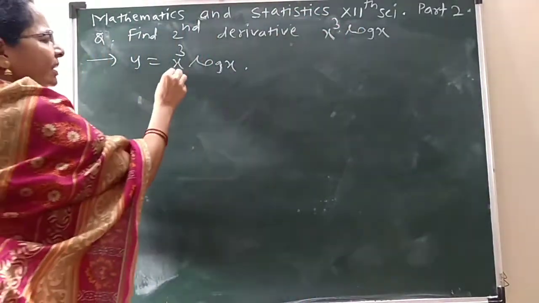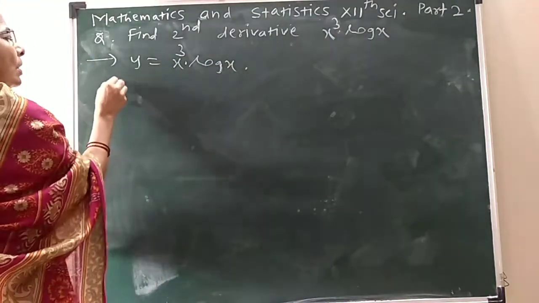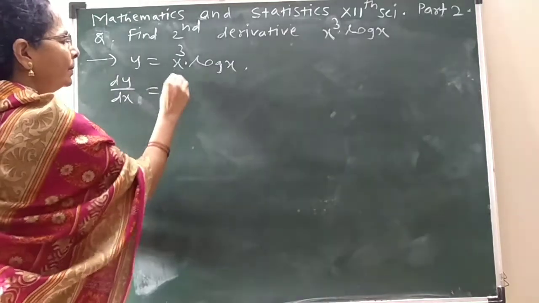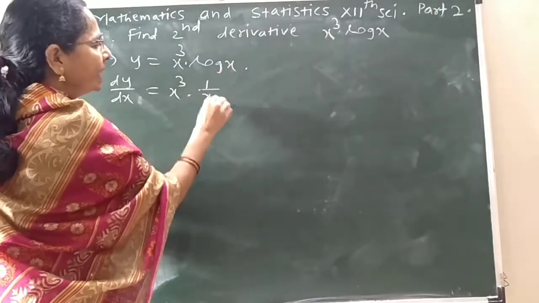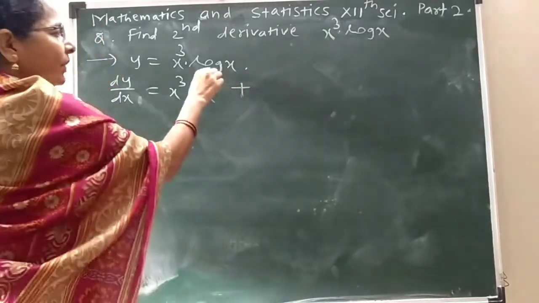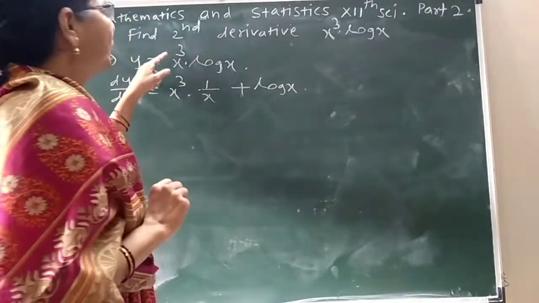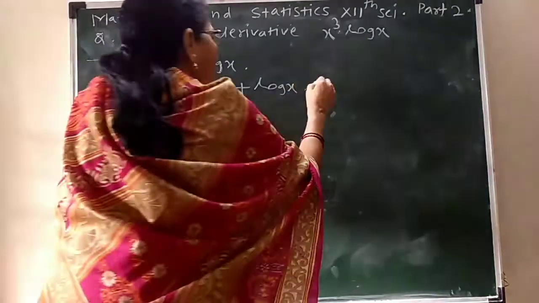If we see, there are two functions in product form. So dy by dx is equal to u times the derivative of v, log x, whose derivative is 1 upon x, plus v times the derivative of u, by the x raised to n rule, 3x raised to 2.